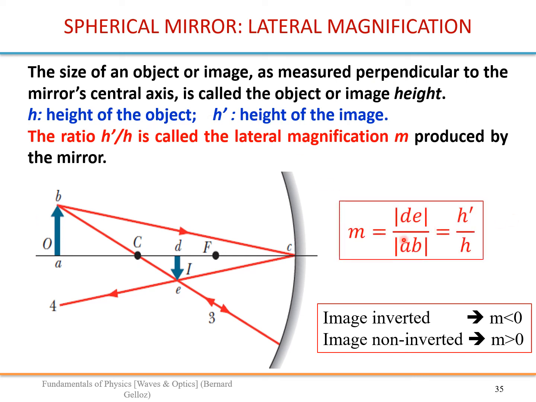So M is defined as just the ratio: height of the image divided by height of the object. And we define it such that if the image is inverted, M will be negative. If the image is non-inverted, M is positive.